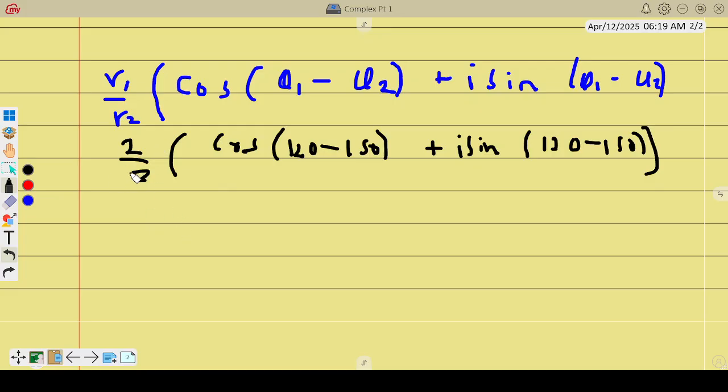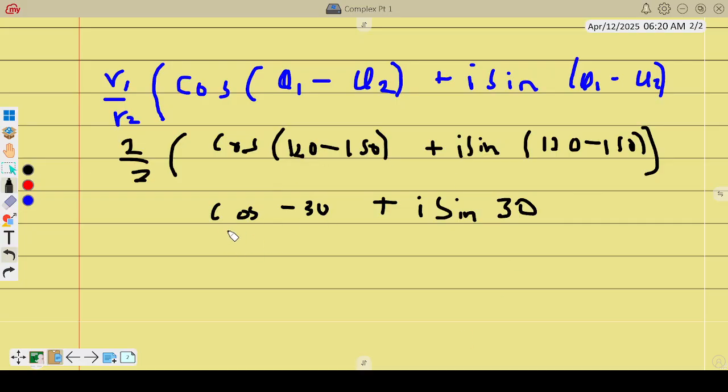So this will just remain 1, 2 over 2 is 1, and then cos of 120 minus 150 is negative 30, minus I sine 120 minus 150, negative 30. And then we go on.